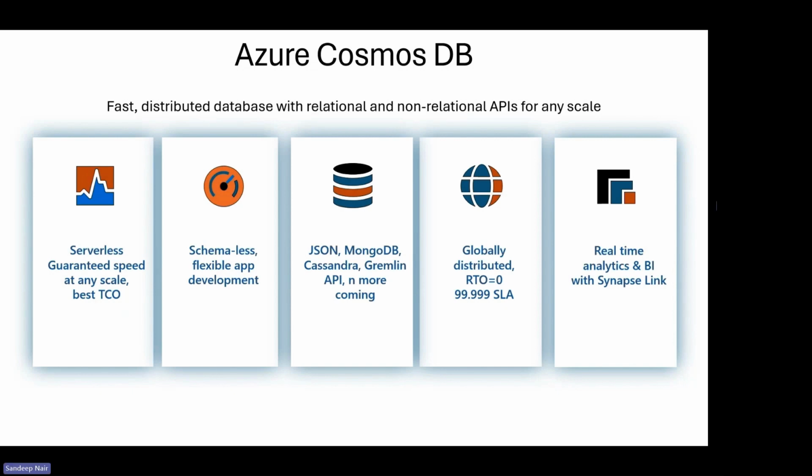Cosmos DB is globally distributed, so these apps could be available anywhere, and because your database is also distributed, you will get the best response time because of the closeness to the customer. The responses that are stored can be analyzed almost in real time using Synapse Link.